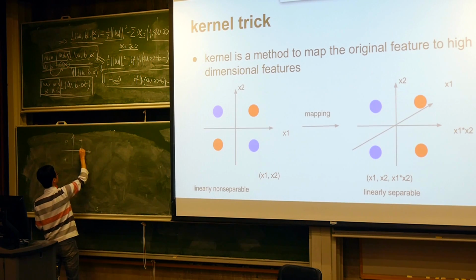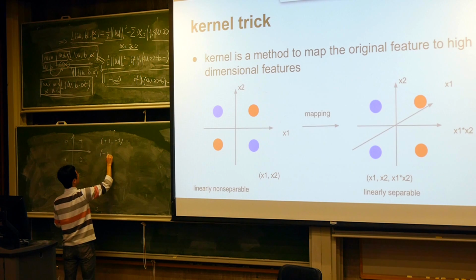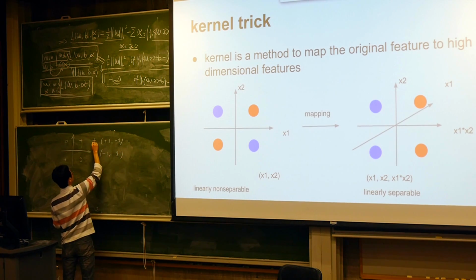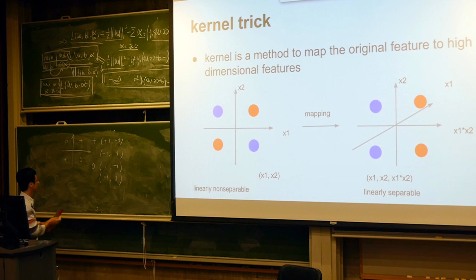Suppose the coordinates are positive 1, and this is negative 1, negative 1. This is for the plus, this is for the circle. We have 1, plus 1, minus 1. So we cannot put a line here so that the two sets are classified.